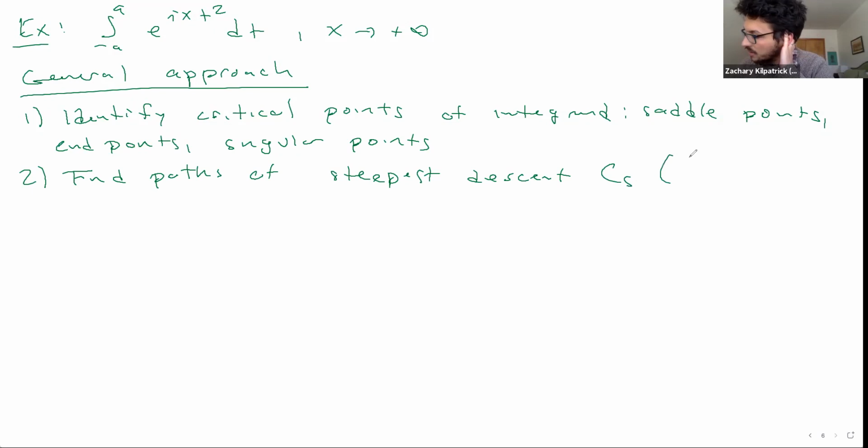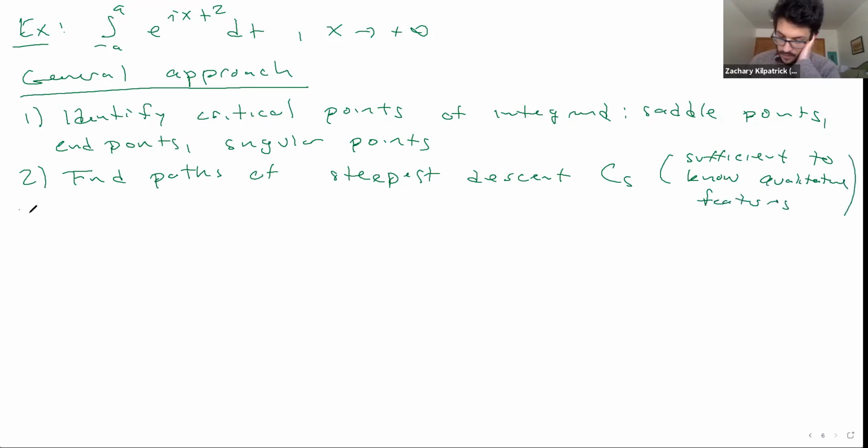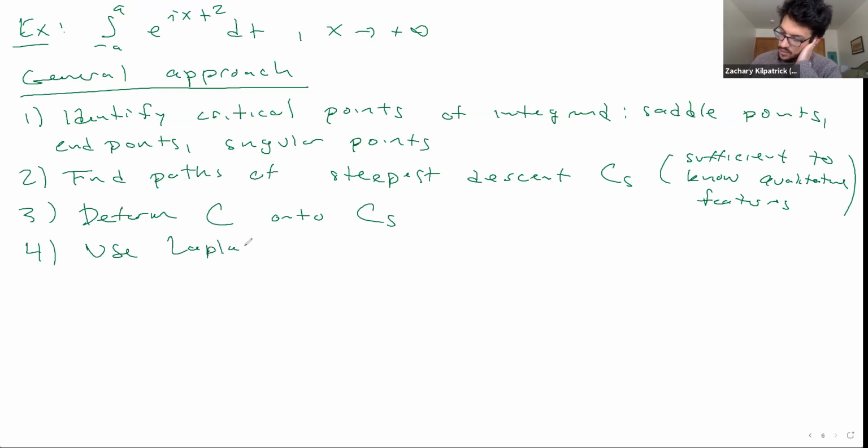And in order to do this, it's sufficient to know the qualitative features of your integrand in this case. Right. Third, we then want to deform C onto CS. Fourth, we're going to use Laplace's method. Okay.